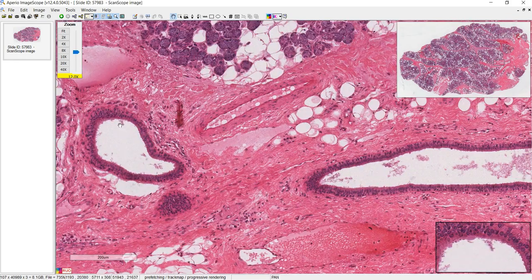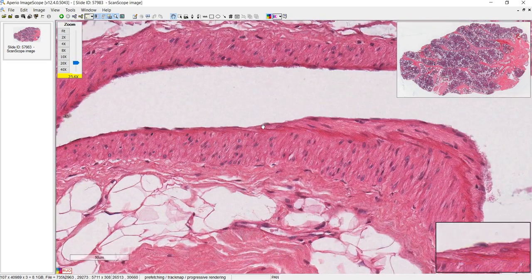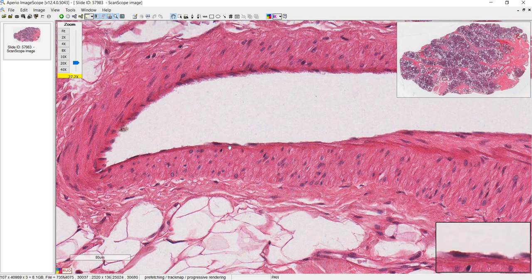Something like this, or like that. What you don't want to point out is one of these. This is a blood vessel. See, this is a very flat, this is a squamous epithelium. This is the endothelium of a blood vessel. And these are all smooth muscle cells.